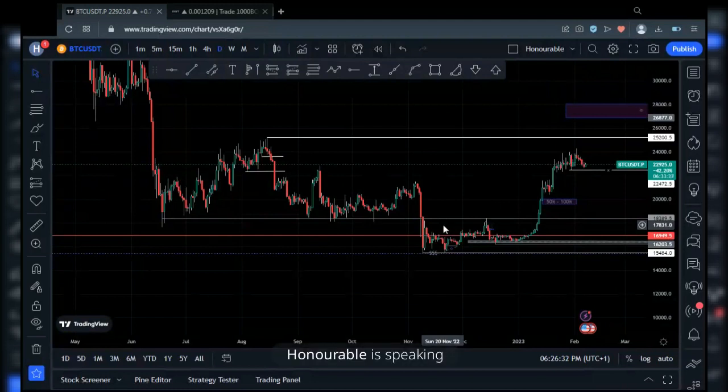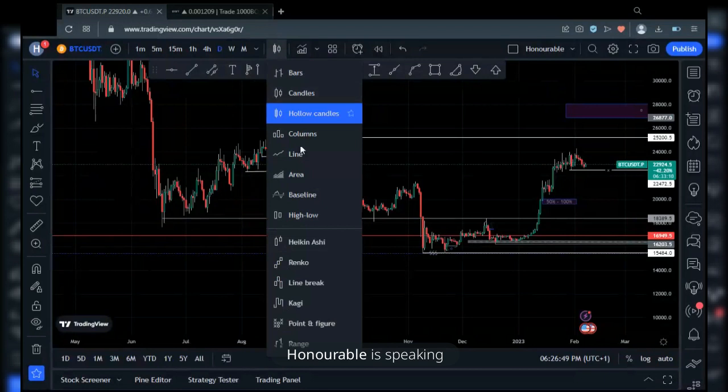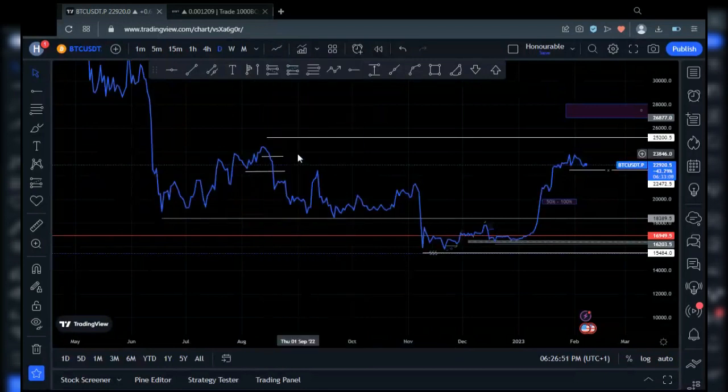So that is for that. And as I was saying, another way to get your levels on your chart, you can change your chart from candlesticks to a line chart. You get me?